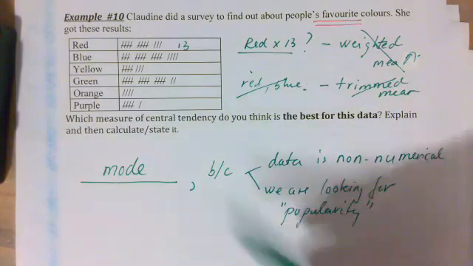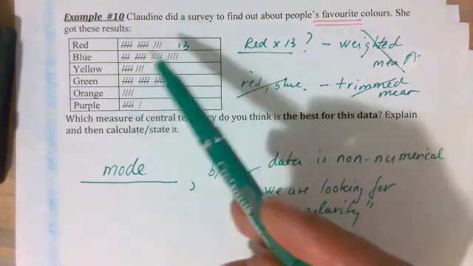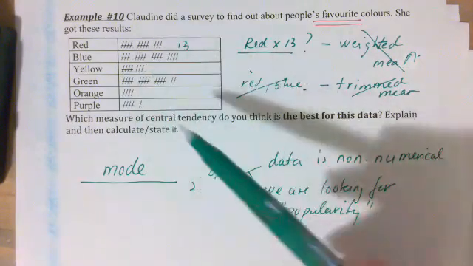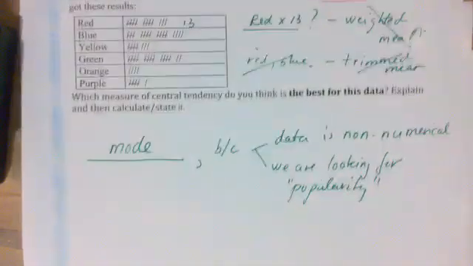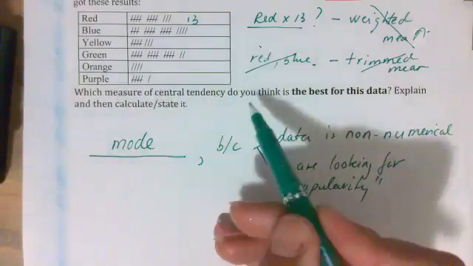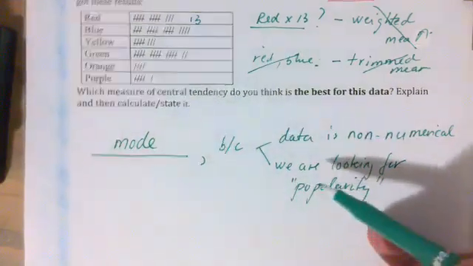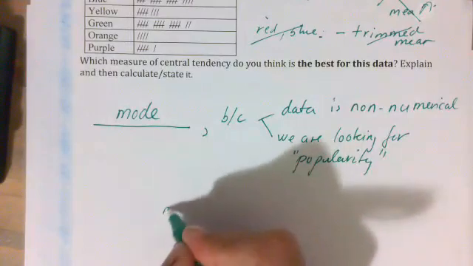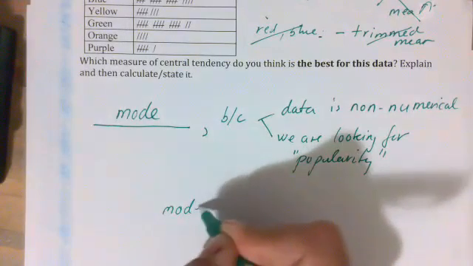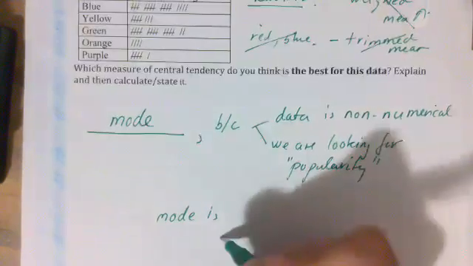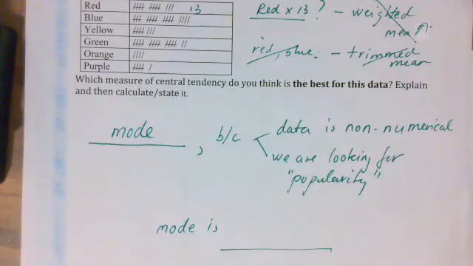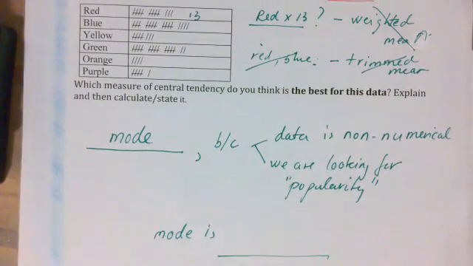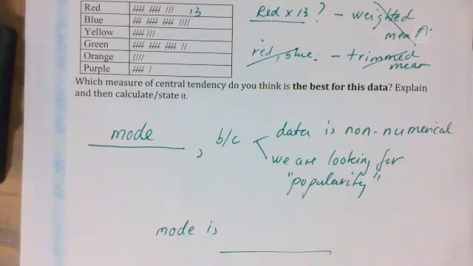And popularity is going to translate into these counts, okay? How many people love red? How many people love blue? And so forth. Now, which one is it? Because yes, first we have to choose which one is the best and explain, but we also have to state it now. The mode for the colors is what color? Which one, since we're in the voting election season, which color got the most votes?